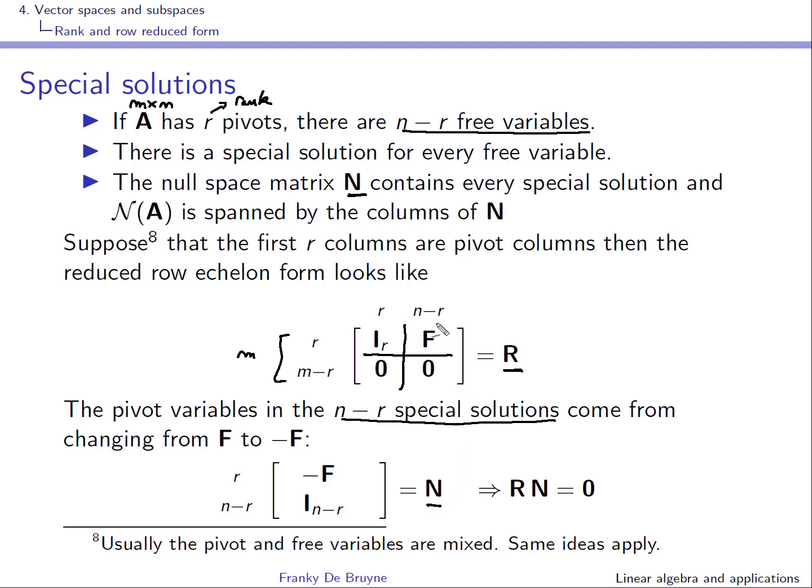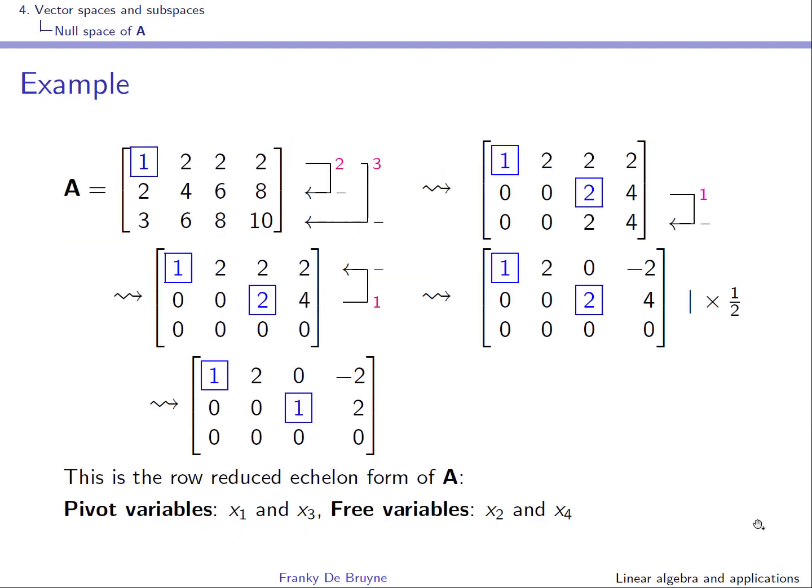So we take this matrix over here, F, and we put an identity matrix of dimension N minus R below. This will be our matrix N, and you can see that if you multiply R with N, by construction, what we'll obtain is a zero matrix.